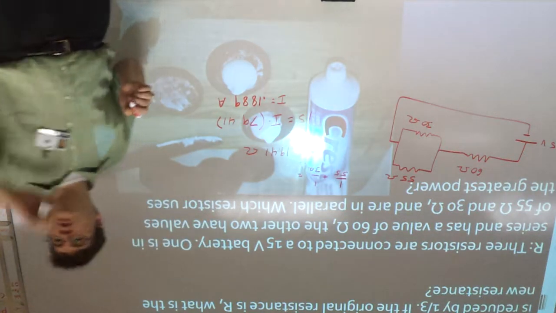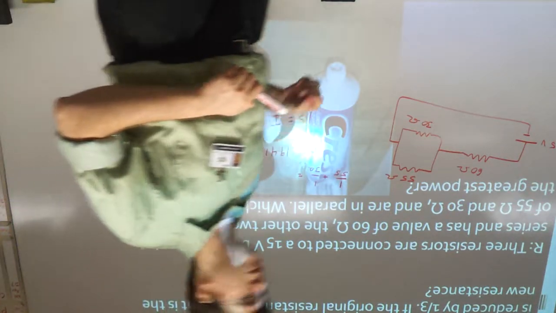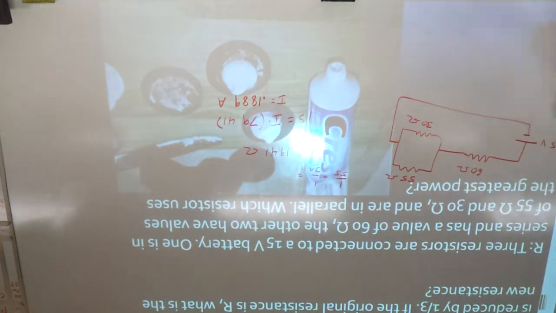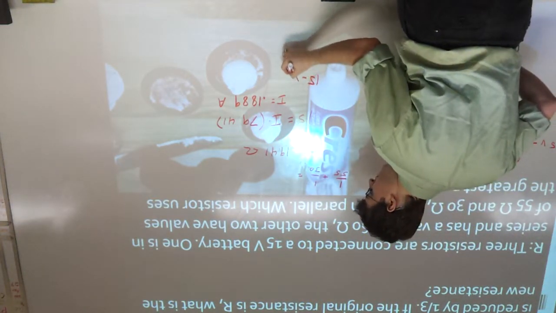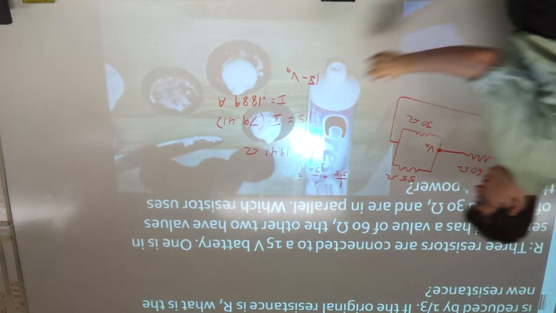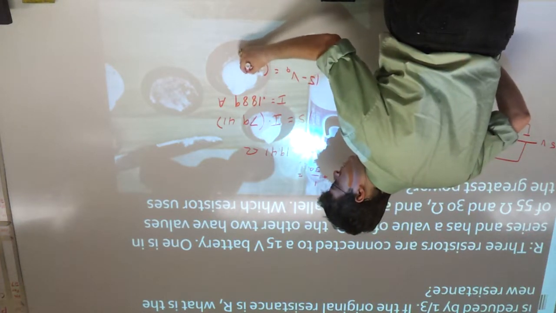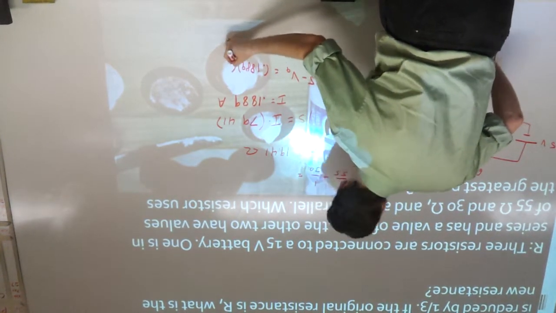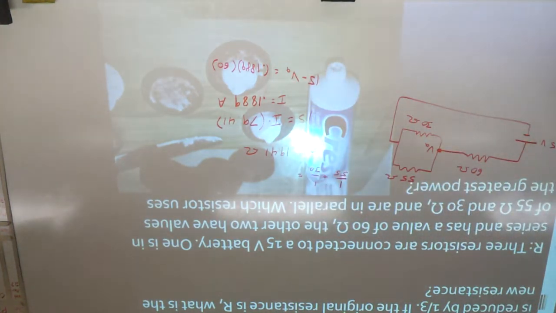Okay, so we know the current coming out of the battery. Now I'm going to use that current to find the potential drop across this 60 ohm resistor. So 15 minus VA, let's call this point here VA, equals I, the current we just found, times the resistance of that 60 ohm component.